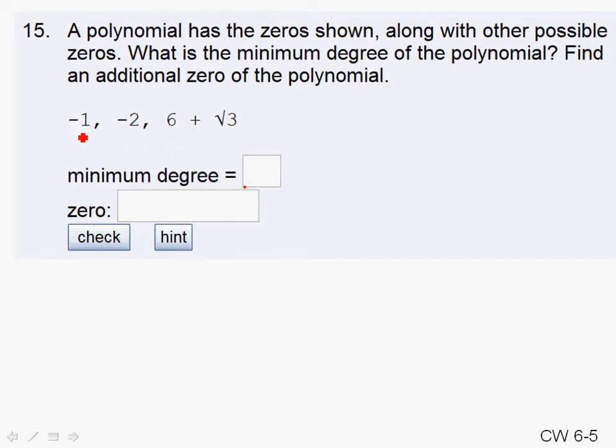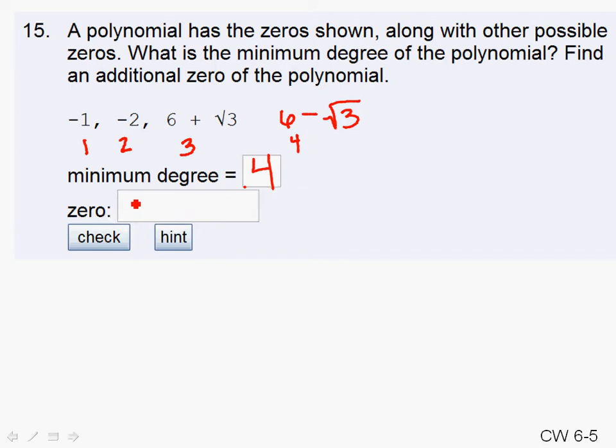So we have 1, 2, 3, and our possible fourth one would have to be 6 minus the square root of 3. So our minimum degree would be 4.